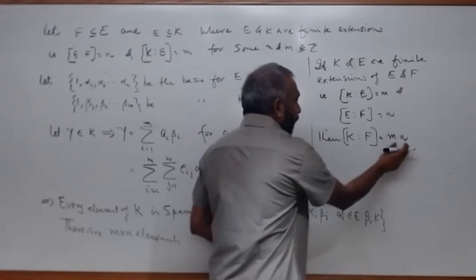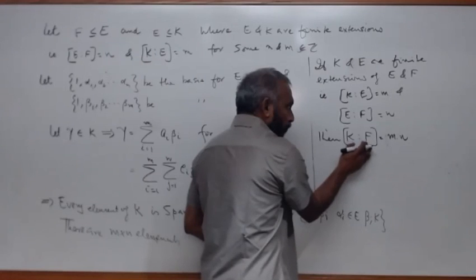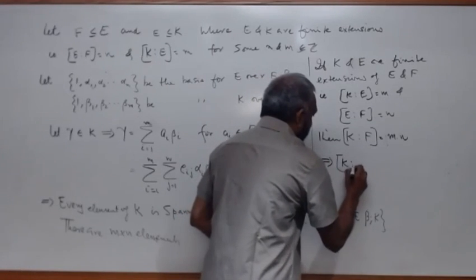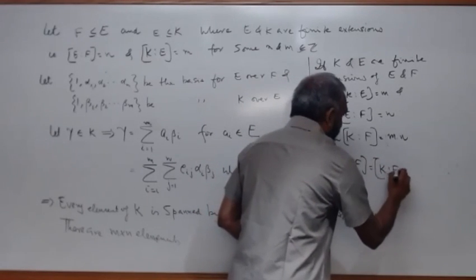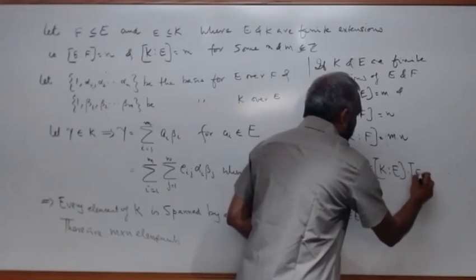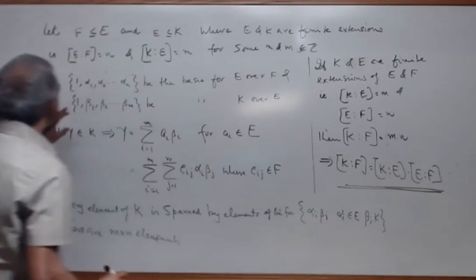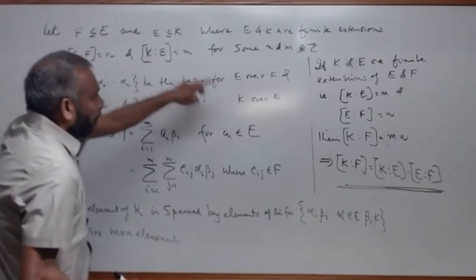The mn elements can span K with the coefficients from F. What does that imply? That implies that [K:F] is equal to [K:E] times [E:F]. And that's what was to be proved.